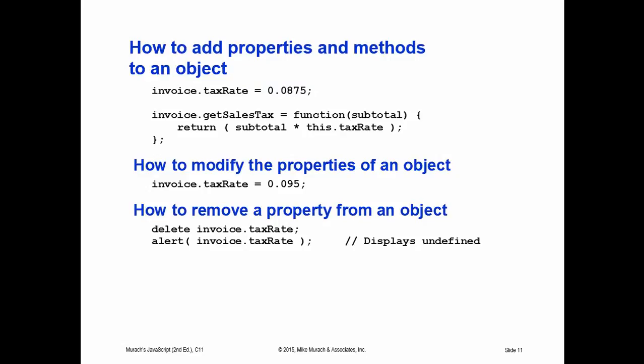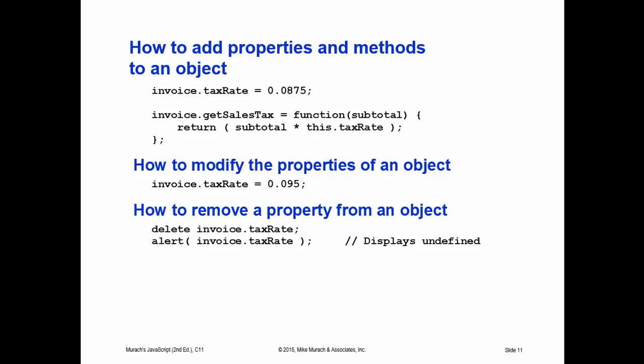How to add properties to an object? Well, sometimes after an object is created, you might discover that you weren't complete with what you put into it. In other words, once an object is created, you might want to add new properties and/or new methods to it.